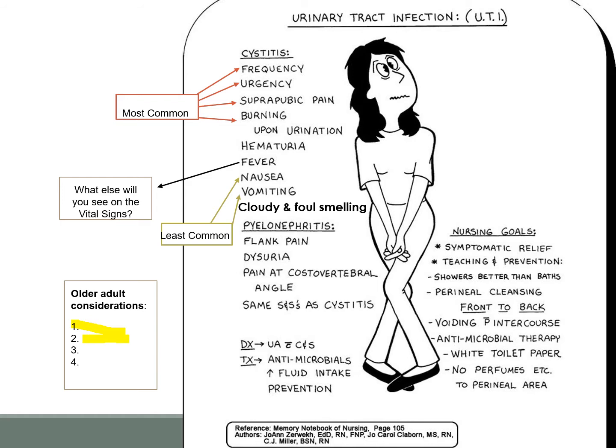Number 2, for older adults, they will have sudden onset of incontinence, or maybe if they're a little incontinent, their incontinence will worsen. This is considered an early sign of a urinary tract infection.